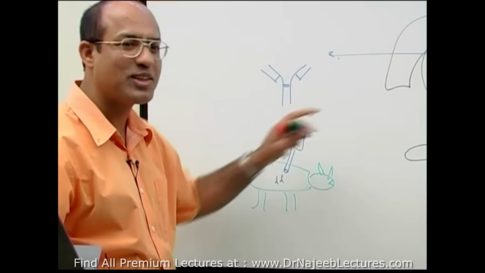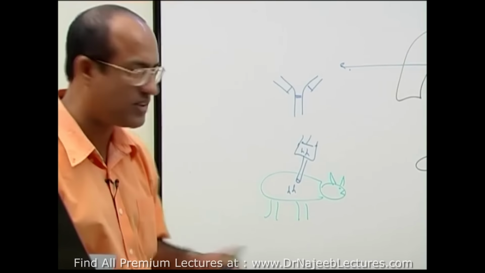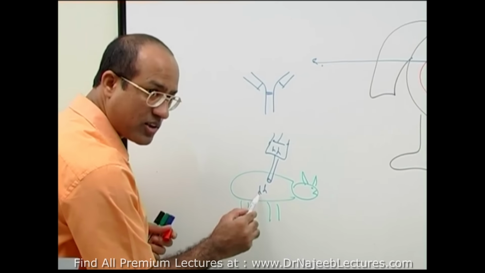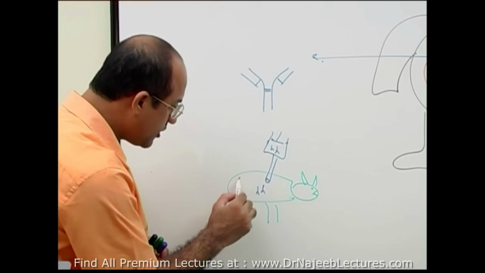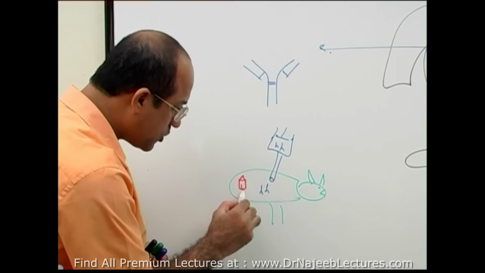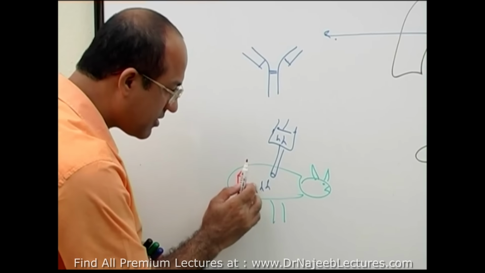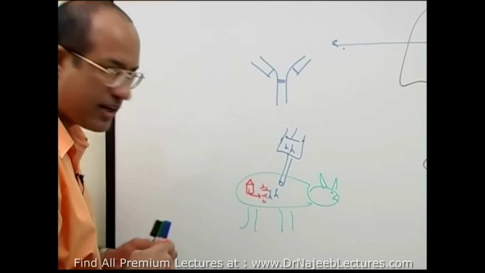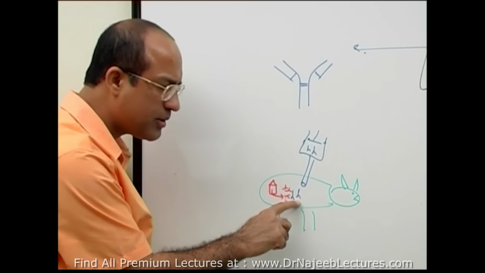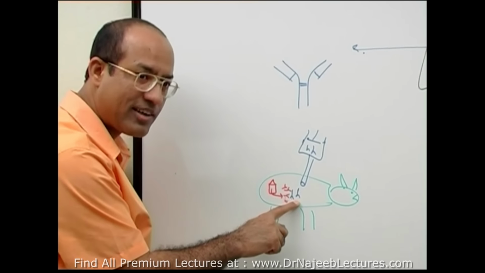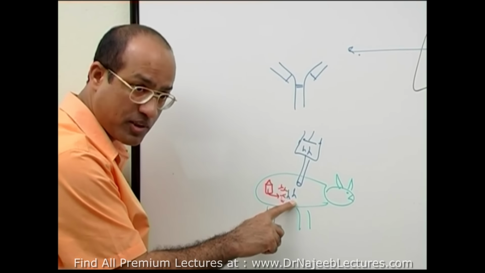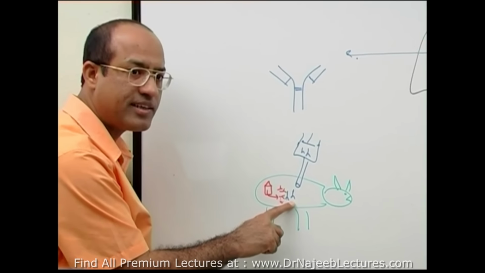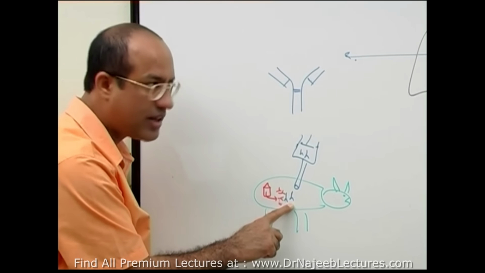Human antibodies for the donkey are foreign proteins. So the donkey's immune system will take these human antibodies as antigens, and will produce antibodies against human antibodies. You are getting it? So it means human antibodies are antigens because they are proteins, they have antigenic areas, or we call them antigenic determinants. Is that right?